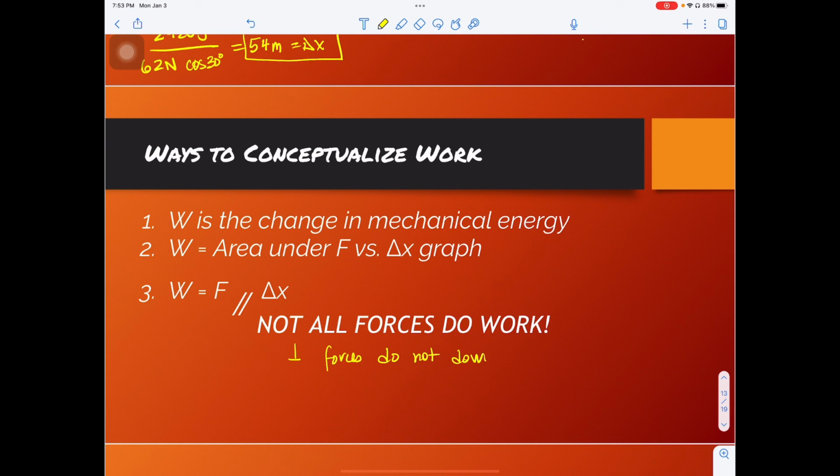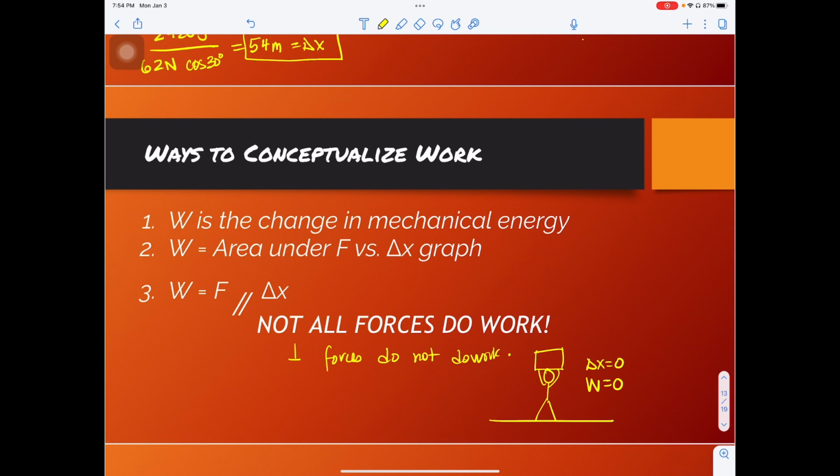And there's another one that does not do work. Suppose that I am holding up a box and I'm just holding it up. Even though my muscles are certainly expending energy, if delta x is equal to 0, so I'm not moving the box anywhere, then by definition, my work is equal to 0.